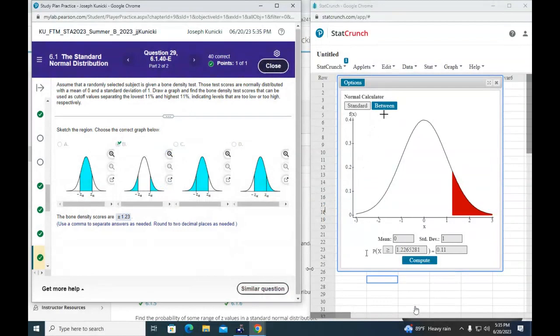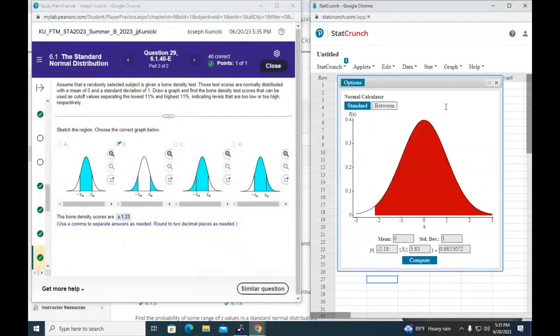Now here's the other way you could do this. You could do this between, but now instead of putting 11 on one side, if I put 11 in either side, how much is that together? 22. And what's the complement of 22, subtracted from 100? 78.